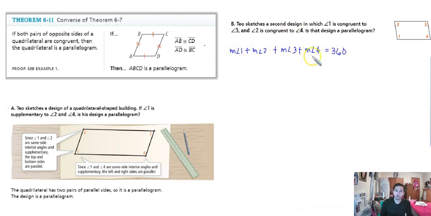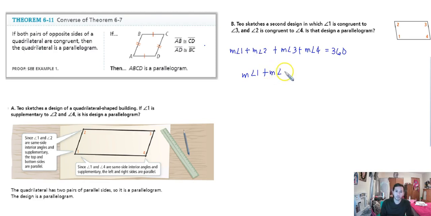Because these are congruent, there are two angle 1s, which are 1 and 3.